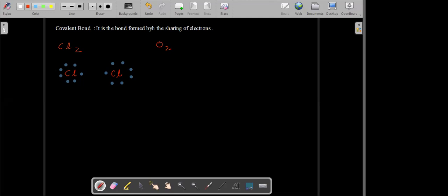Sir, it will gain stability by gaining an electron. Yeah, both of them will gain stability by gaining electrons, and there is no one to transfer the electron.